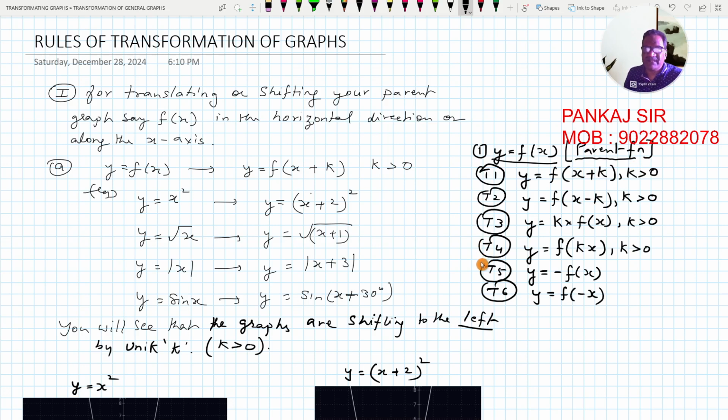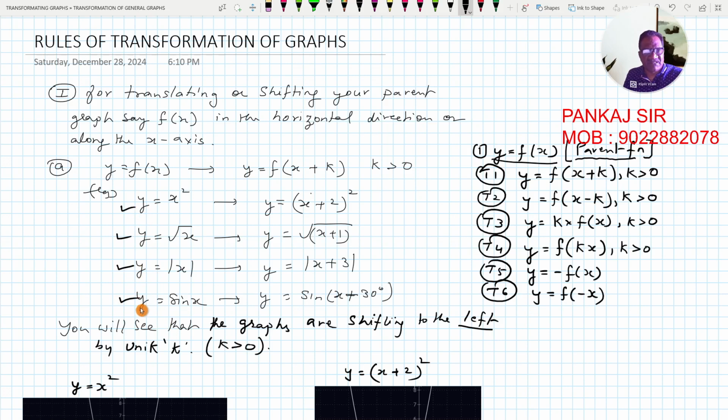Now I am not going to go into detail on all the parent functions, because there are innumerable parent functions, but I'll consider some very important ones. The examples I'm going to consider are y is equal to x square, number one; y is equal to root x, number two; y is equal to modulus of x, number three; and y is equal to sin x.